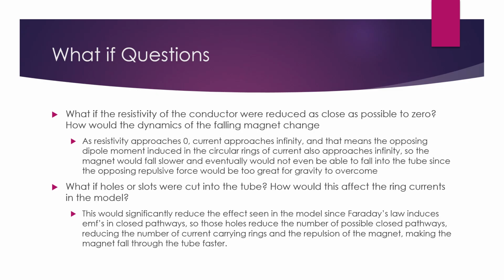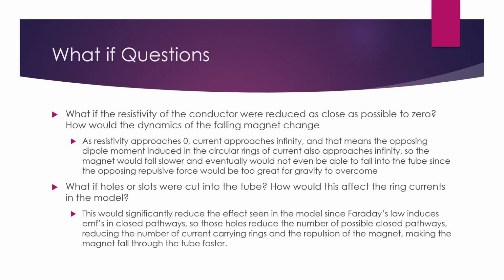So essentially, it would fall slower and slower, and you wouldn't even be able to put it into the tube, since the opposing repulsive force would be so great that gravity couldn't overcome it enough to even push it into the tube, right? At any moment where the magnet moves at all, the induced current in the rings is so great that the force on the magnet is so great that it can't even fall through.